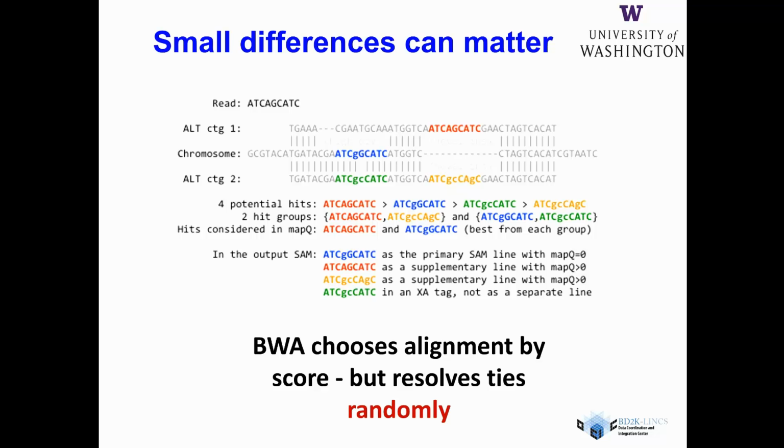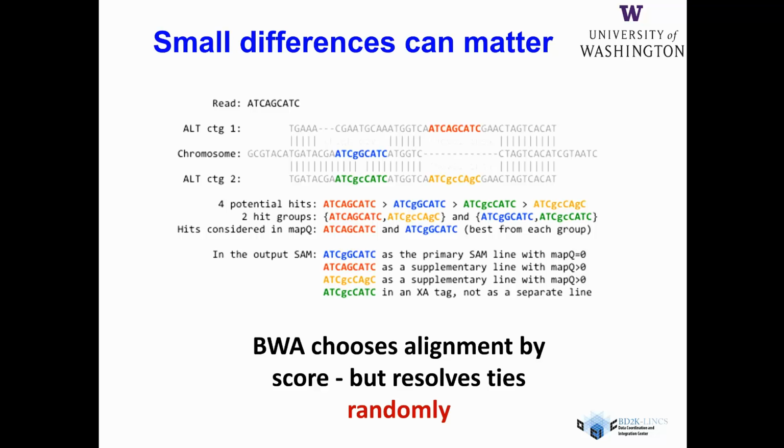And to make it consistent, BWA uses the same random number seed at the beginning when it runs on each file. So if you're running the same file and all your reads are in the same order, you will always get the same result. But if your files are slightly different size, or your reads are in a slightly different order, even if you have the same reads, you can get slightly different results.